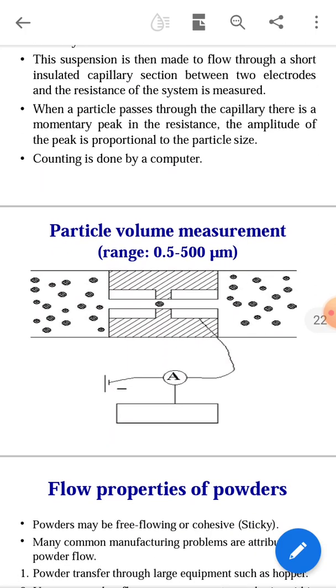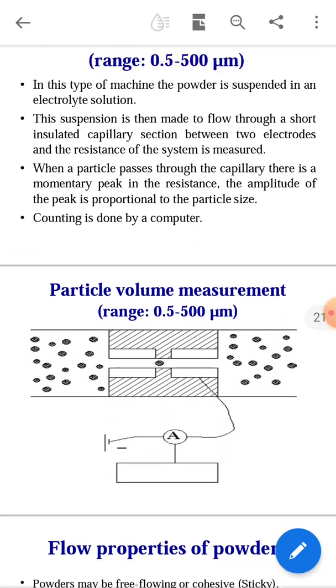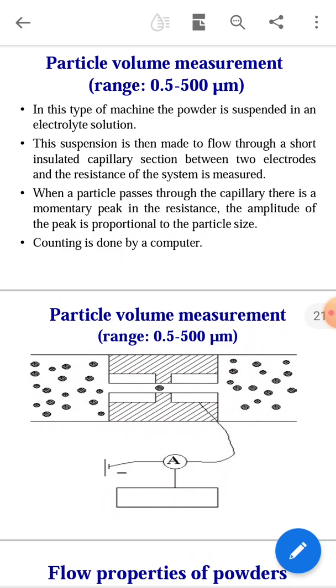Next we come to particle volume measurements. In particle volume measurement, you can determine a particle size range of 0.5 to 500 micrometers using the Coulter counter method. In this method, the powder is suspended in an electrolyte solution.